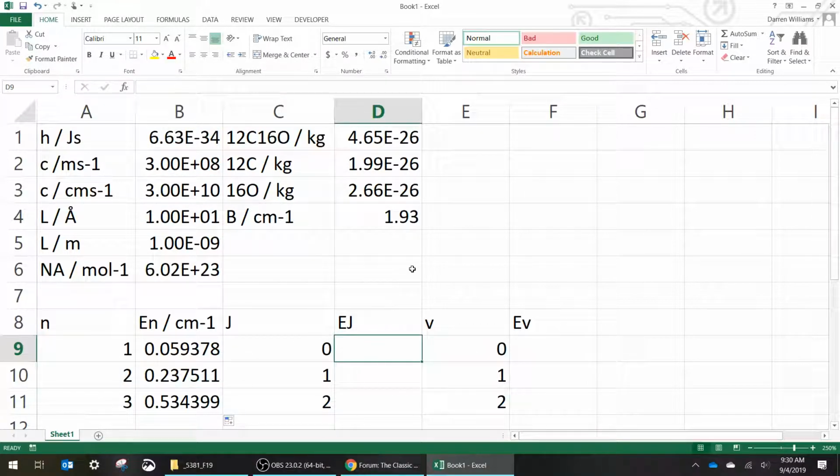Now, who's doing rotation? Y'all are doing rotation? Okay. And in this equation, what did you use for the bond length of carbon monoxide? Did you calculate B in wave numbers already? Not yet? Okay.